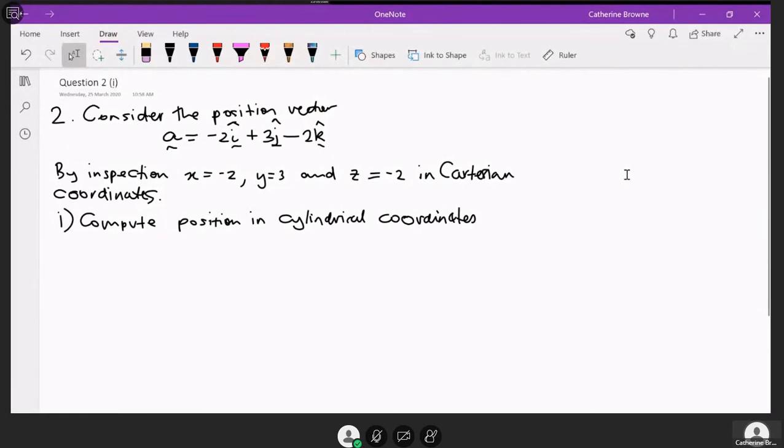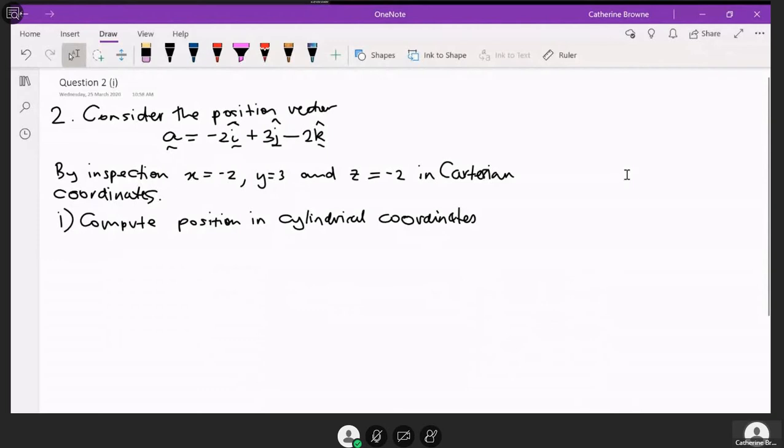And so that's currently in Cartesian coordinates. We can see very simply by inspection that x is minus 2, y is 3, and z is equal to minus 2 in Cartesian coordinates. But now we're going to compute the position in cylindrical coordinates.